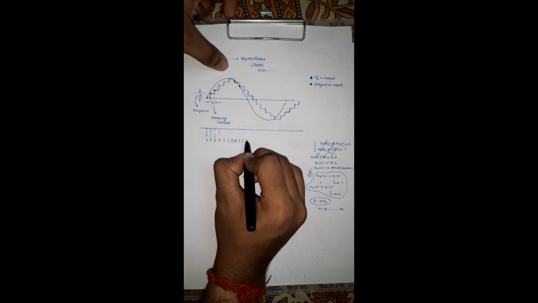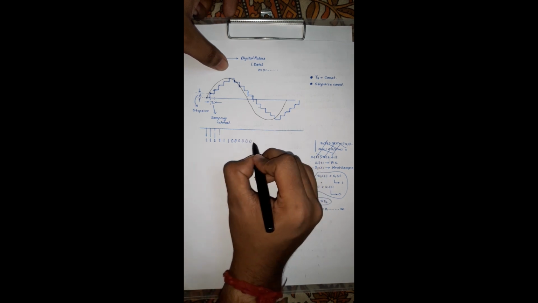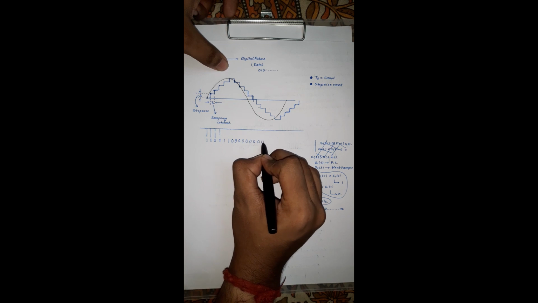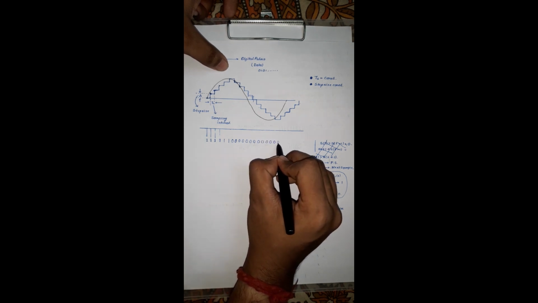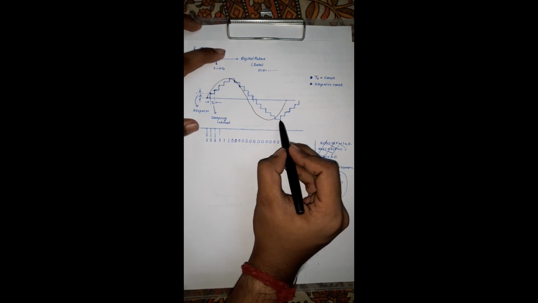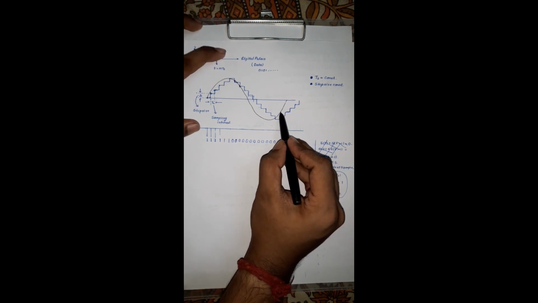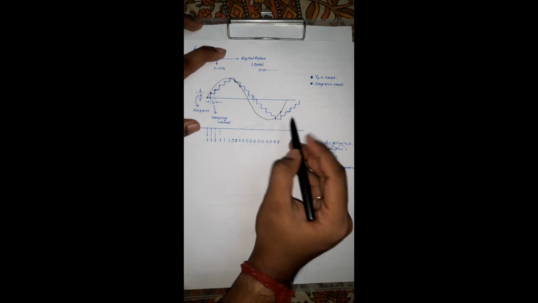In this way it will continue producing 0 until it finds that the present sample value is greater than the previous one.